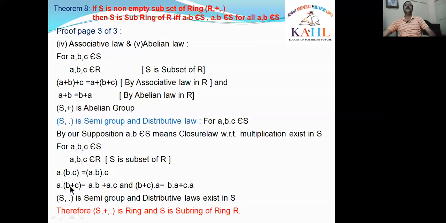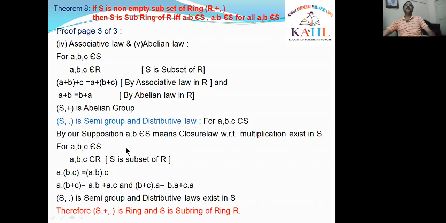That means A dot (B plus C) is equal to A dot B plus A dot C, and the second one is right distributive law, (B plus C) dot A is equal to B dot A plus C dot A. That means what are the elements A, B, C? These elements are in S. For the three elements in S, we have proven that associative and distributive laws exist in S. That means S dot is semi group and also distributive laws hold in S.